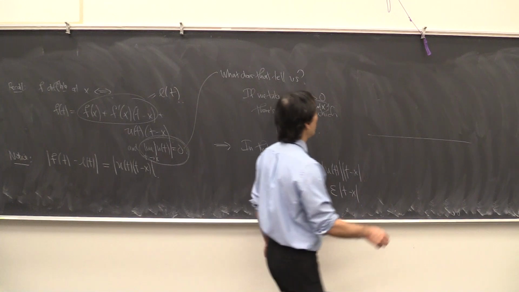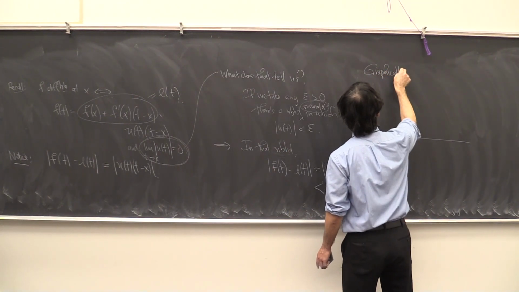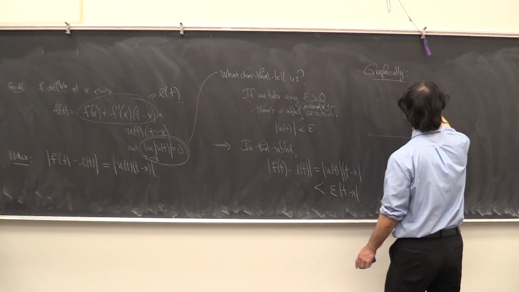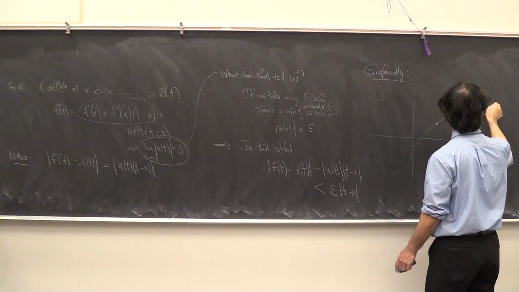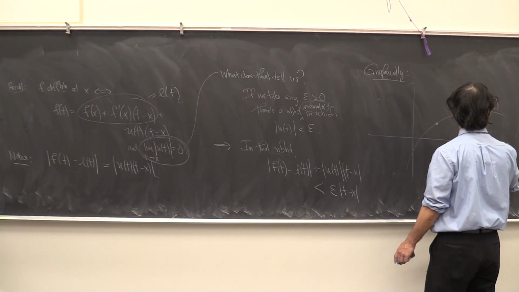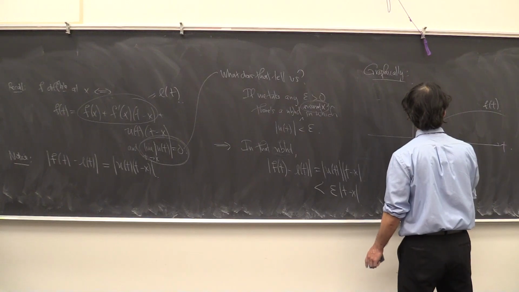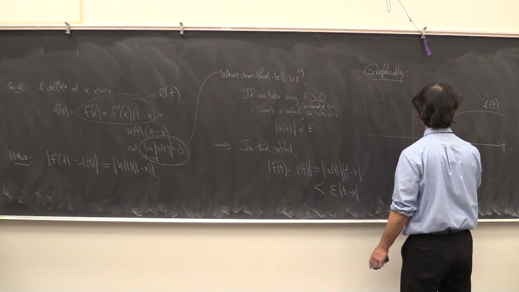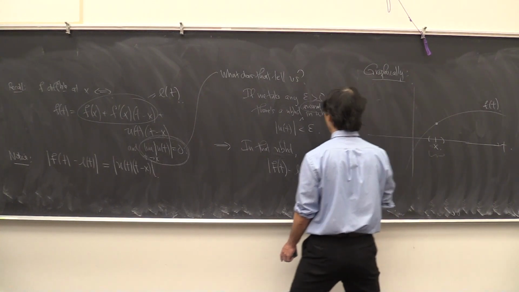Okay. Graphically, what does that mean? Here's my function. Here's x. There's this neighborhood that I was just talking about, the neighborhood around x.